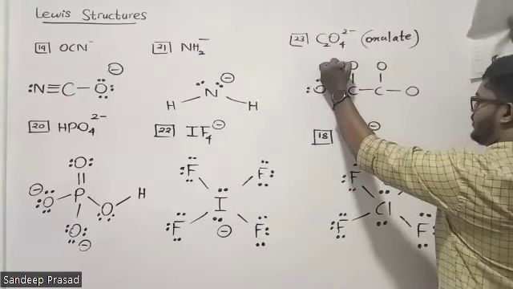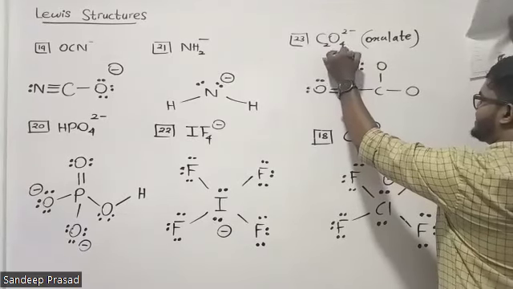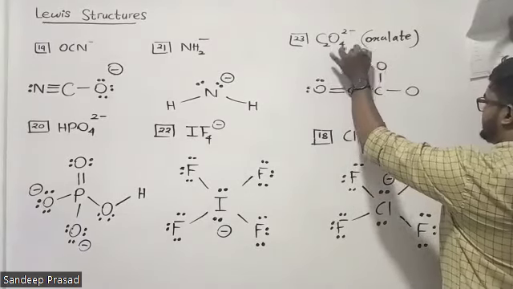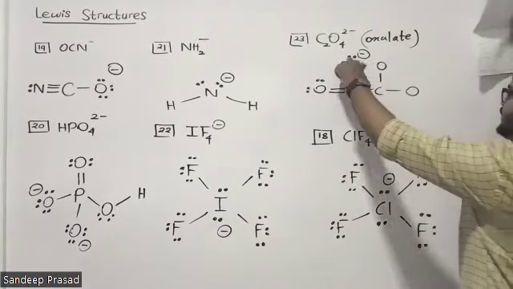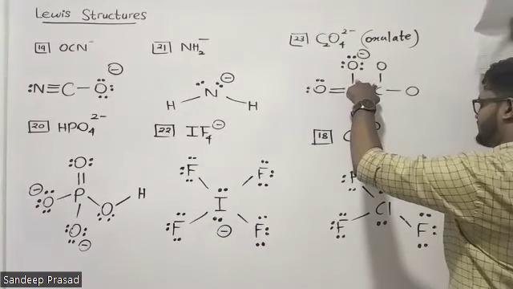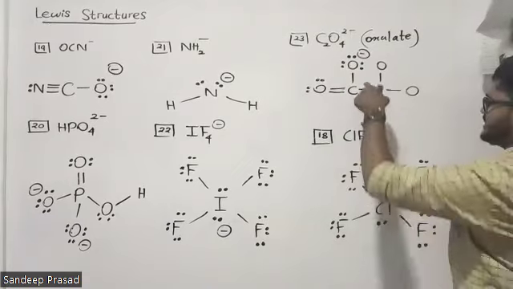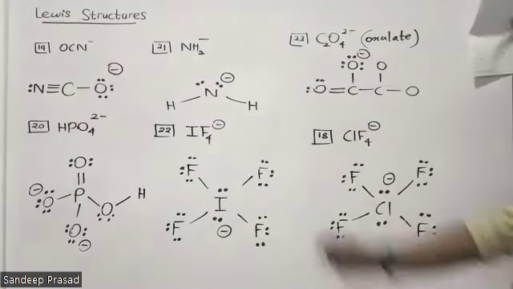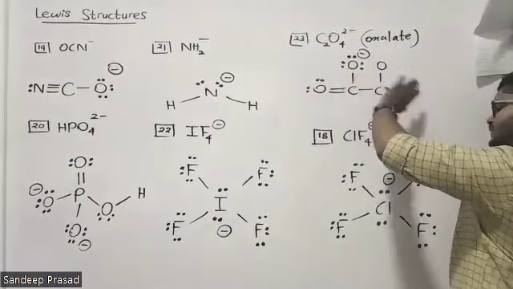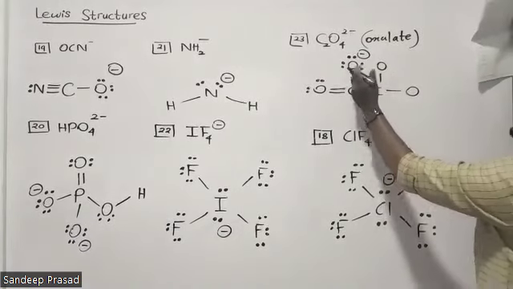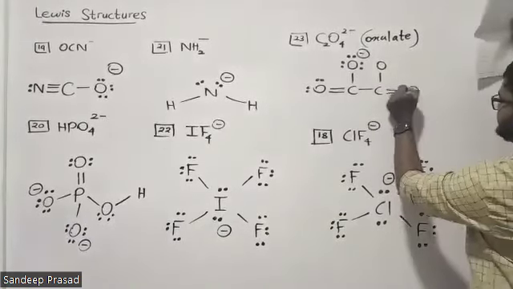If it is a single bond, we know that there is a negative charge on the oxygen. 1, 2, 3, 4, 5, 6, 7. 1 electron is in excess, therefore negative charge. What about the octet? 2, 4, 6, 8. Octet is okay. I think, students, you can do the same thing for the other side.